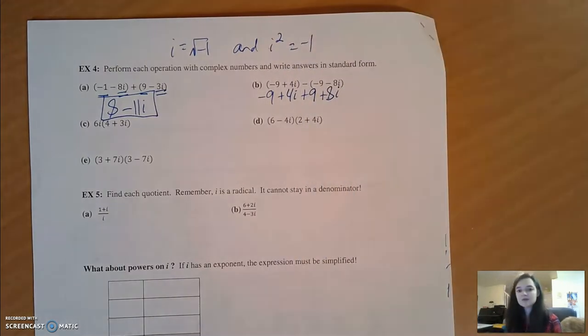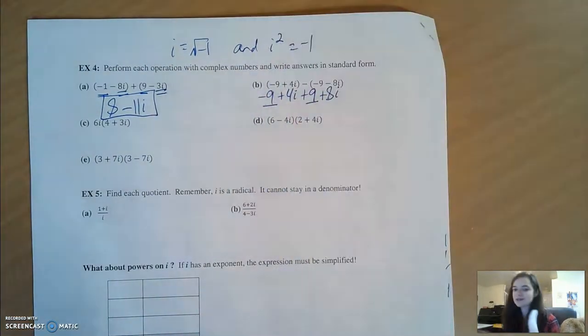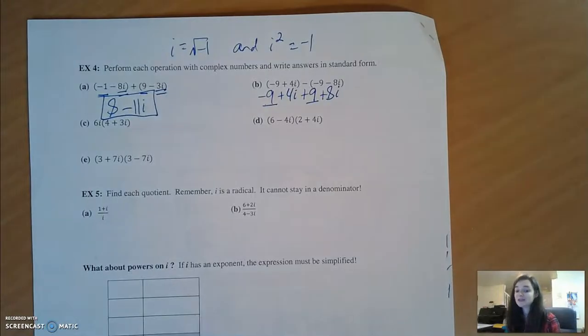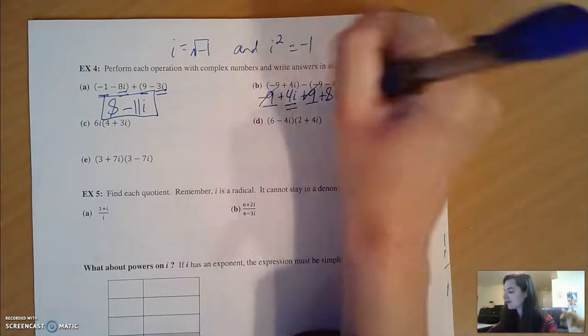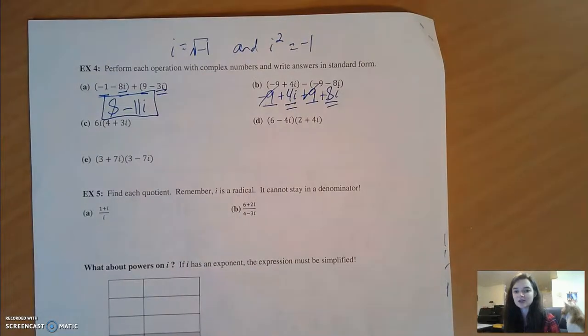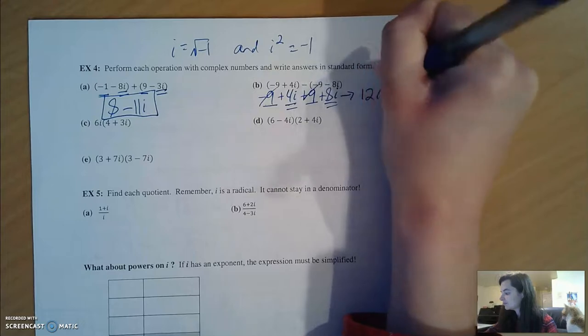Okay, now that we've done that part, we can see which ones are like terms and add like terms together. So let's see, I have a negative 9 plus a positive 9, which would be 0. They're going to cancel out. We also have a 4i plus 8i, those are like terms. And 4i plus 8i would be 12i. And that's your answer.